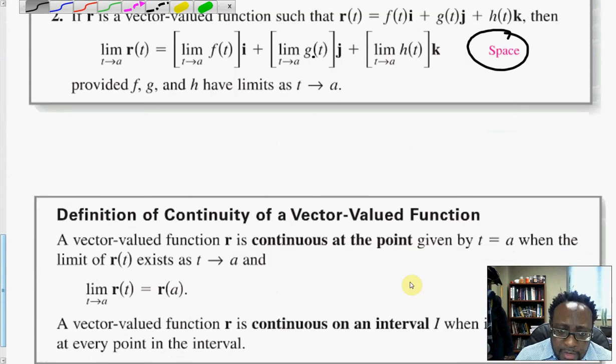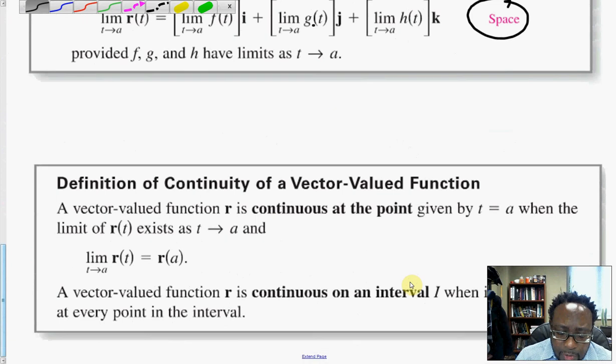Likewise, we could talk about the continuity. The continuity of a vector valued function is really understood in two pieces, if you will.